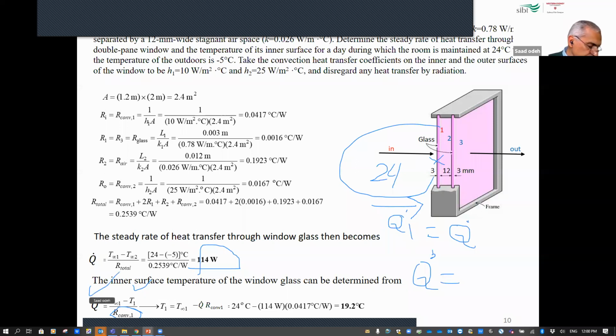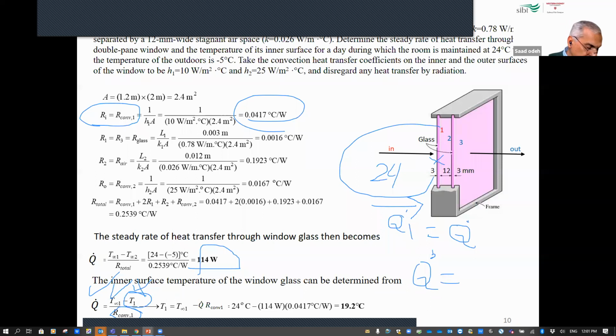I know Q dot because I already found it, it's 114. R convection is already given at the beginning here. This is R convection inside. If I use these values, the only unknown value is T surface, T1. So this is the only unknown, so I can find it. Sorry, we have this one, but we don't have this. So I can find T1 from this equation.